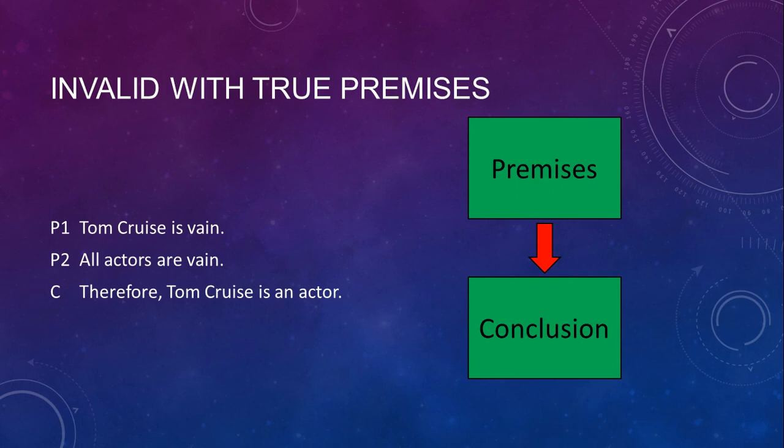Probably those aren't true, but let's just pretend that they are. So those first two things are true, but nonetheless, they do not validly entail the conclusion. This is a classic argument fallacy that I showed you last time. Right? Why is that the case?